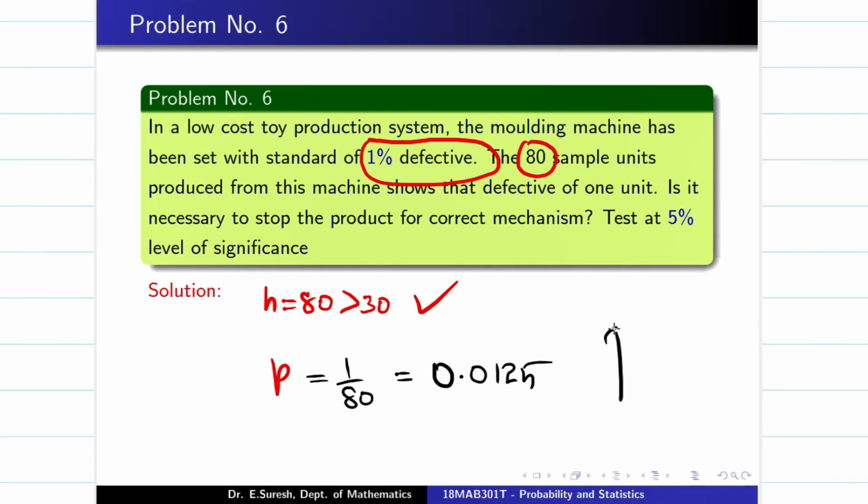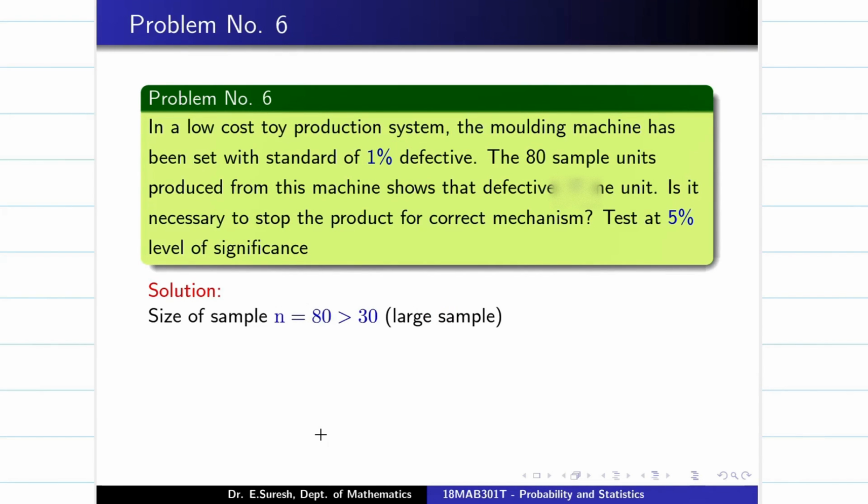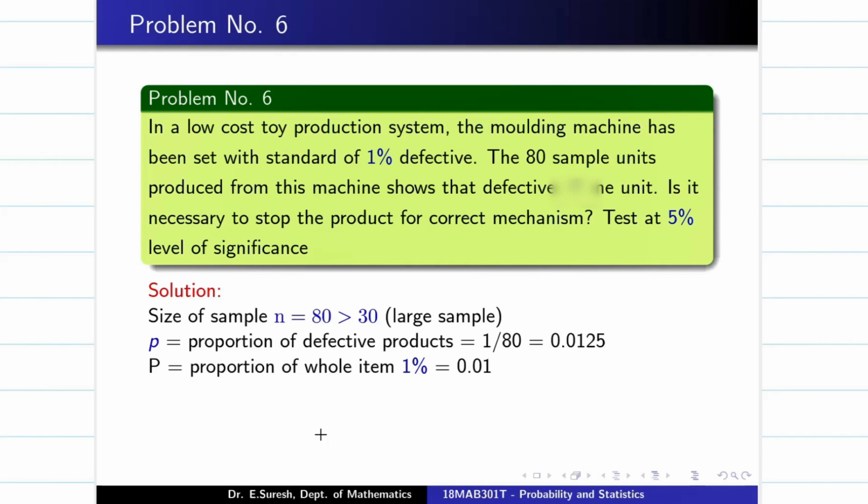But the company claims capital P, that their products are 1% defective. I am getting 1.25% defective. So now what I do, I have to fight. Let us see. My data is small p is 0.0125, capital P is 0.01.